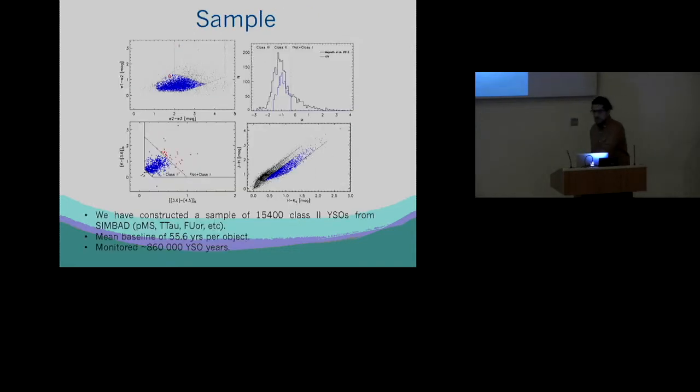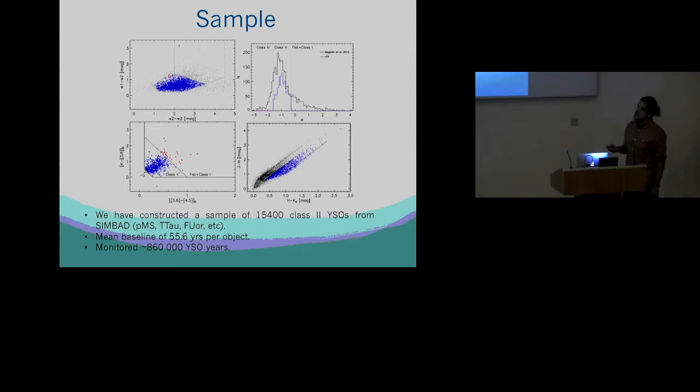So what we did was to take everything that could be associated with young stellar objects in SIMBAD. So pre-main sequence stars, T Tauri stars, Herbig Ae/Be stars, emission line stars, anything that could be associated with star formation. And we classified these objects by looking at their near and mid-infrared spectral energy distribution.